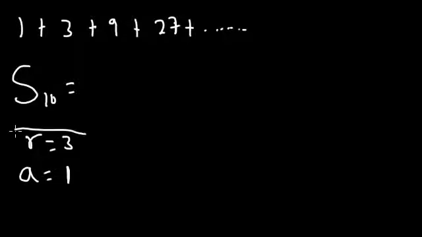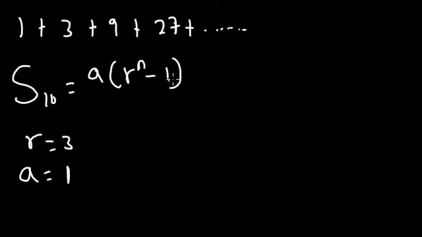Now, notice that the common ratio is greater than 1. So the formula to use in this case is the first one we discussed earlier, which is a multiplied by r raised to the power of n minus 1, divided by r minus 1. Since n is 10, which is the sum of the first 10 terms, we can do the substitutions.